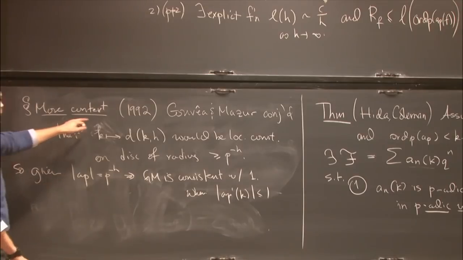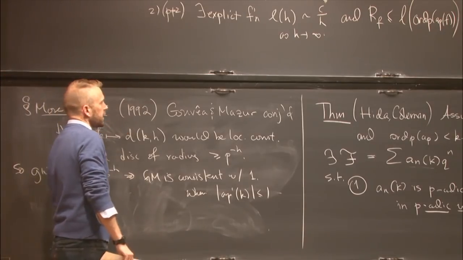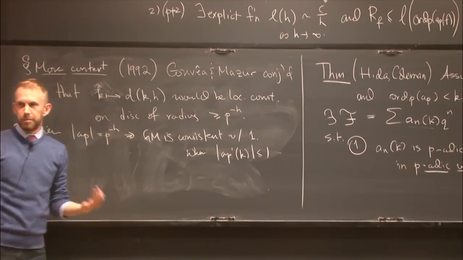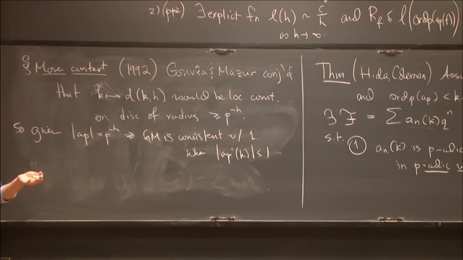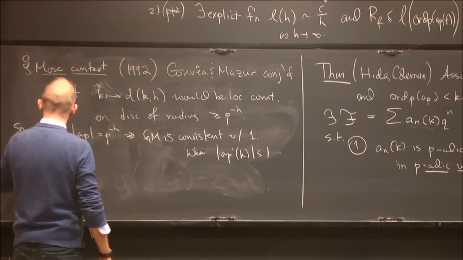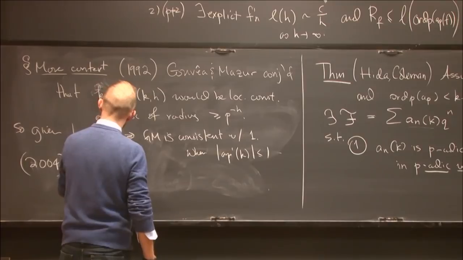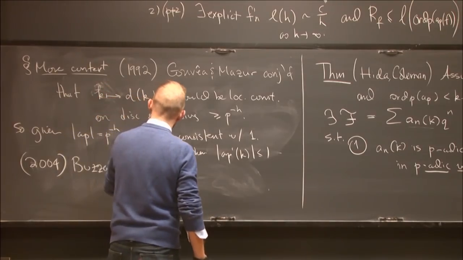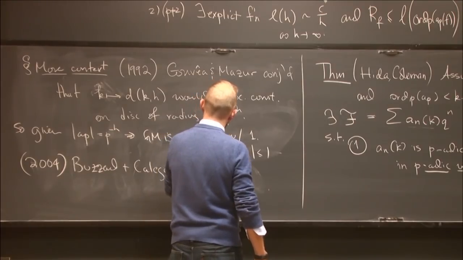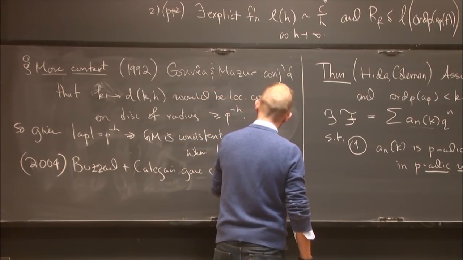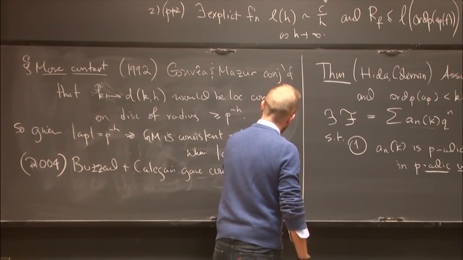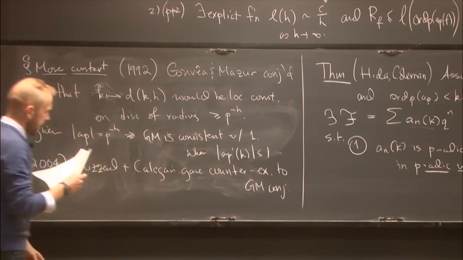Now, the rub of it is that this conjecture made in the 1990s suffered from a lack of computers able to calculate things the way that they were able to in the 2000s. And so in 2004, Buzzard and Calegari gave a counterexample to the Gouvea-Mazur conjecture.